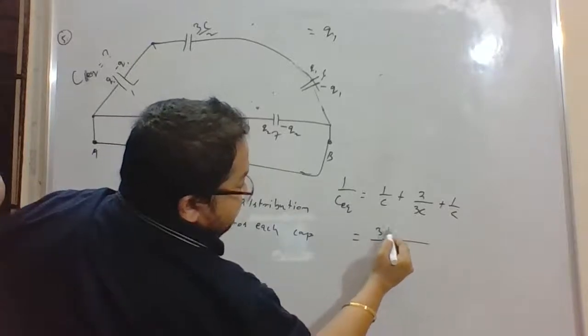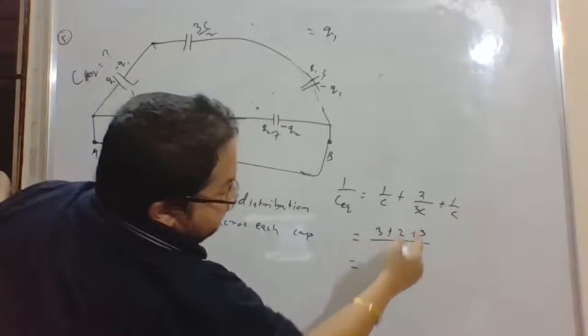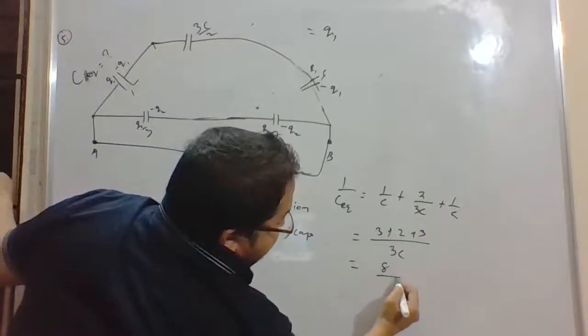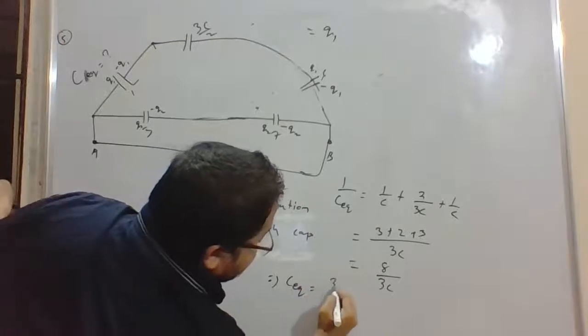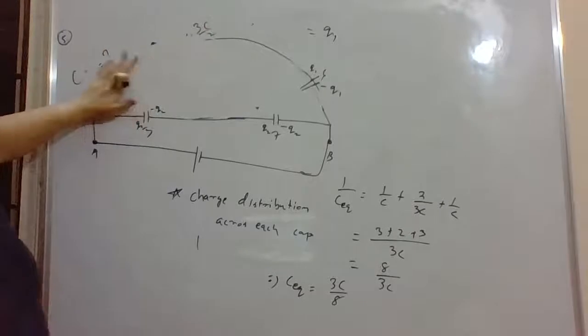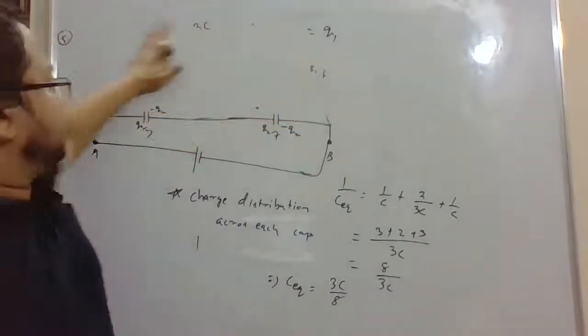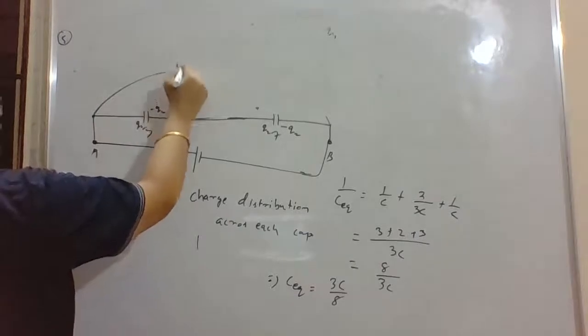So this becomes 3 plus 2 plus 3, that is nothing but how much? This is 8 by 3C, or C equivalent is 3C by 8. So I can remove all these, and in place of all these, I can write 3C by 8.